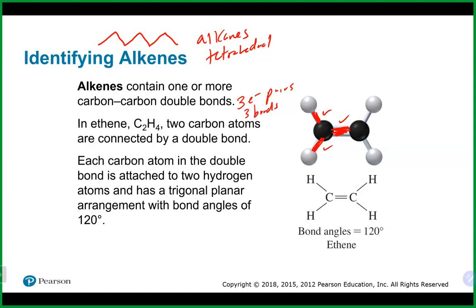So the geometry that we see in our double bonded guys here is trigonal planar or triangular. That makes that equilateral triangle that we've talked about with geometry, on both sides of this one. That means it has a bond angle of 120, so a slightly different bond angle than what we see in the alkanes, which is 109.5, and that more zigzag shape.